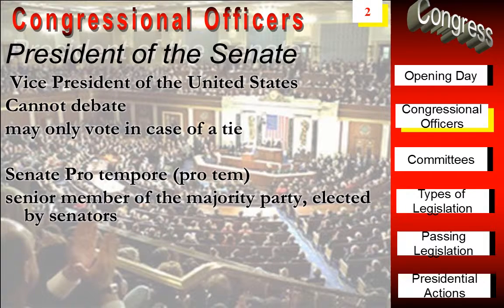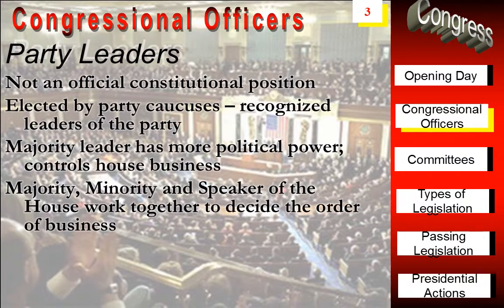Now, the Speaker of the House, Vice President, and President are all mentioned in the Constitution and have constitutional roles. However, in the process that Congress has developed and how it goes about its business, they have also developed ways for them to work within the structure of the Constitution, and most specifically, how they work as political parties.